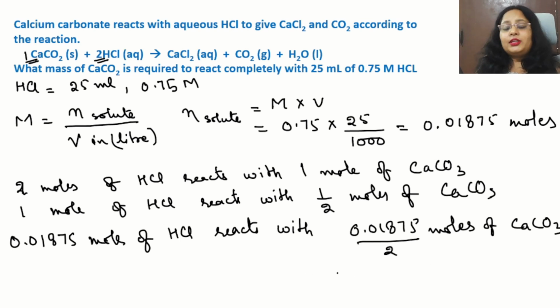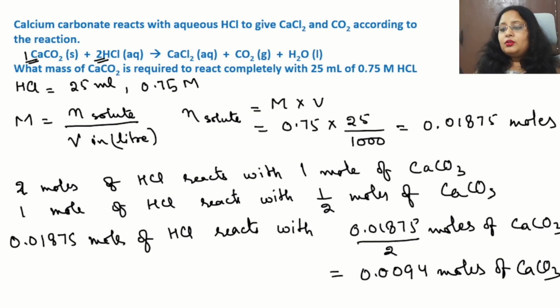Simply using the unitary method, we will calculate the answer. The answer should be here 0.0094 moles of calcium carbonate. So friends, this we get the amount of calcium carbonate in terms of moles.